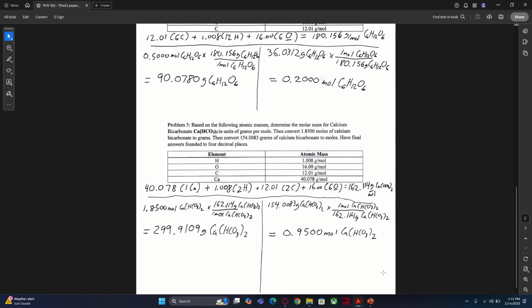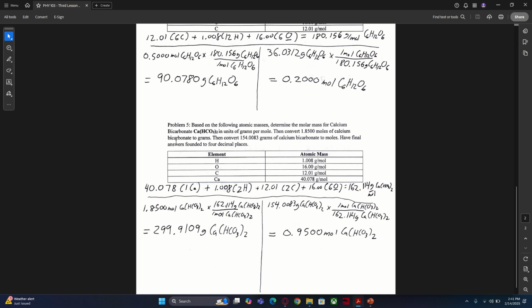And lastly, for problem set 5, let's say we're working with calcium bicarbonate. Basically, what if we have an example where we have parentheses in our formula and then there's a subscript outside those parentheses? Well, in this case, Ca(HCO3)2, that 2 means that we have twice as many as whatever is in parentheses.